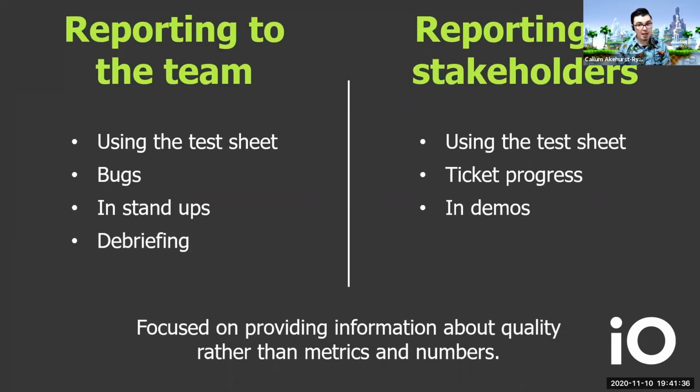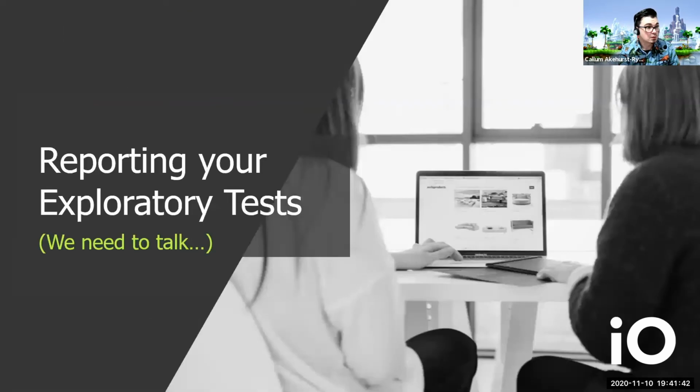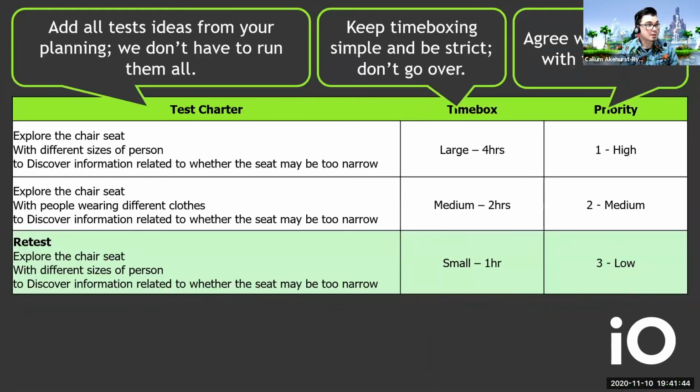Yeah. If you've got really explicit requirements for something, what you can do, I'm going to go back to this, is you can create charters or checks for the requirements that are there, but you need to explore to find out, what if the requirements have missed something? What if they've just done the happy path of things?